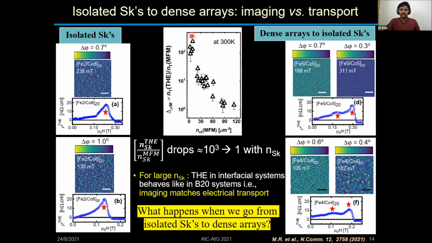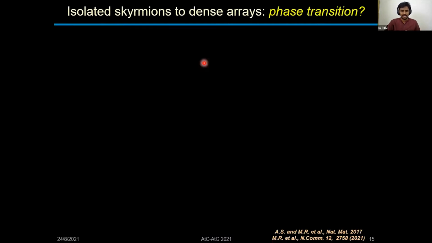I point out that all the observations in recent times on interfacial systems are focused on isolated Skyrmion phases, not dense arrangements. So our material, in a way, offers control on these configurations to understand what is going on in this system. So what happens as we go from isolated to dense arrangement?